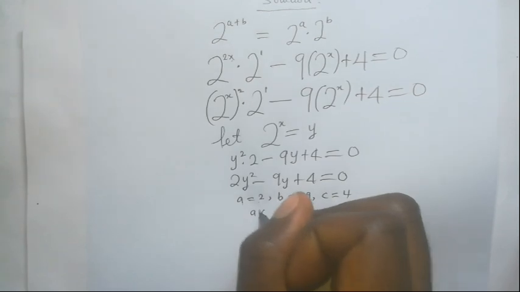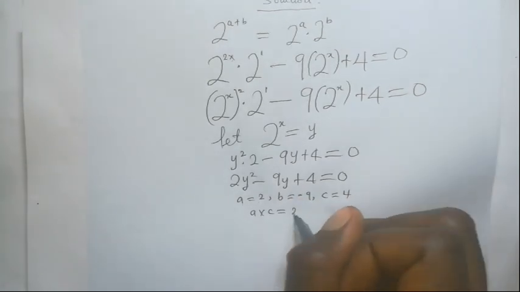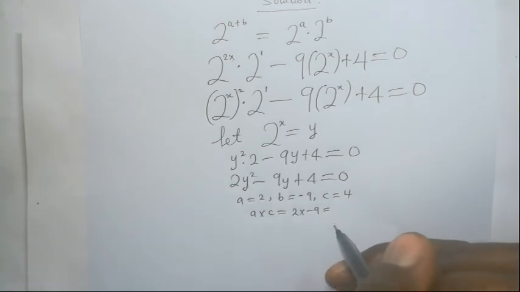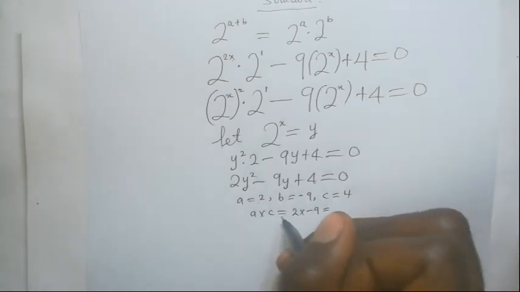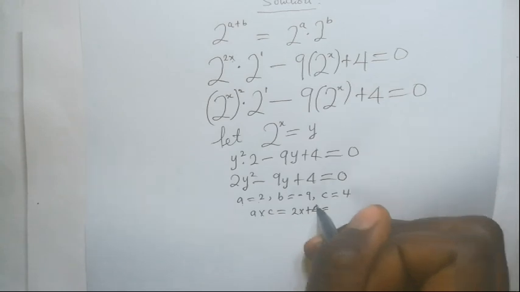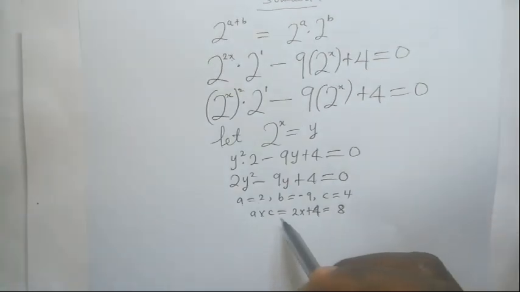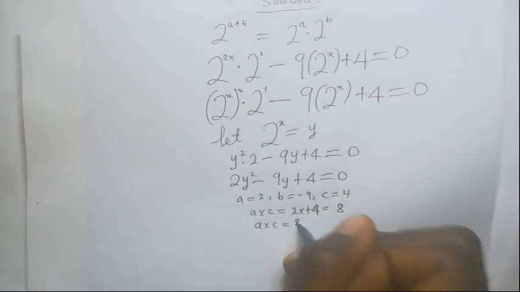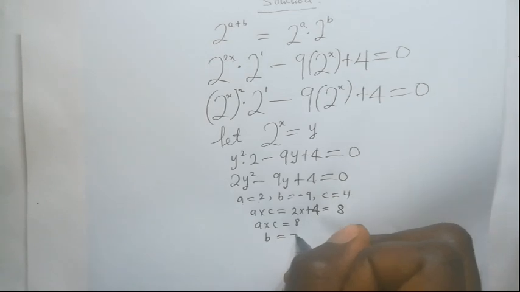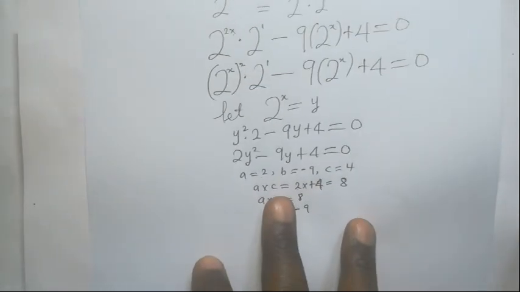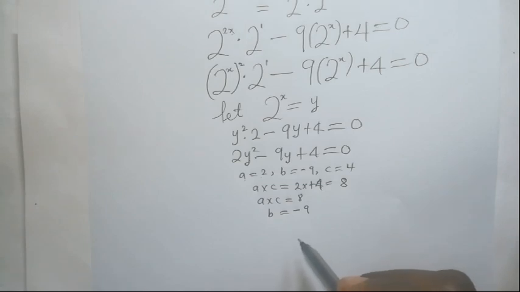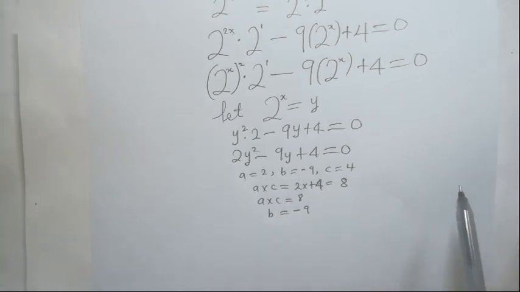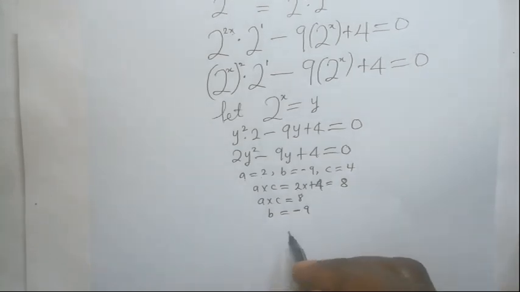So a times c is 2 times 4, which will give us 8. You see, a is 2 and our c is 4. So definitely a times c is 8, and our b is equals to minus 9. So we are going to look for two numbers that when we multiply them they will give us 8, and when we sum them they will give us minus 9.